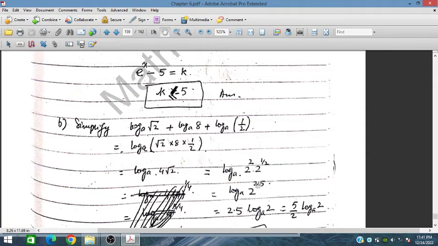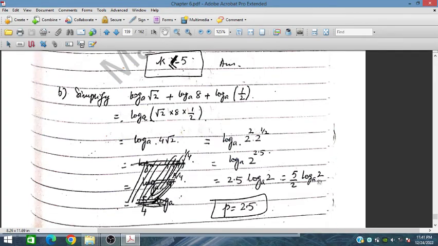So this is 2.5, which is 5 upon 2, times log_a 2. So p is 5 by 2, and this has been proved.